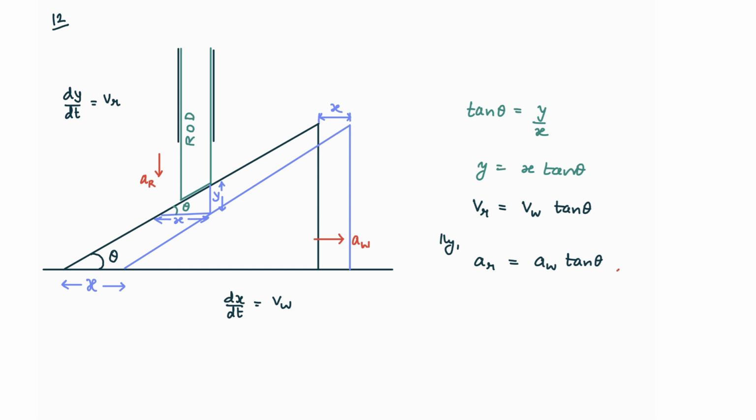So this is the final answer for this particular problem, where we are trying to establish a relation between the acceleration of the rod and the acceleration of the wedge.